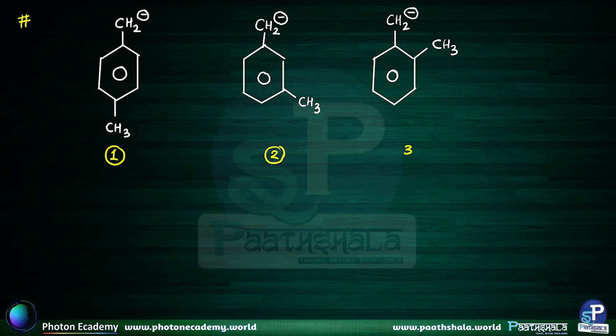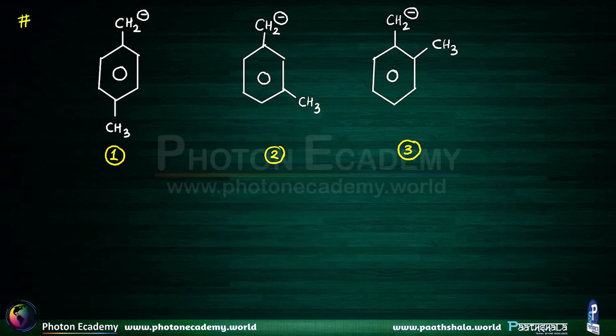So we have three compounds here and we have to tell the order of stability. In these cases where we have to tell the stability, we start by writing the effects in each of these species. Now let us begin.